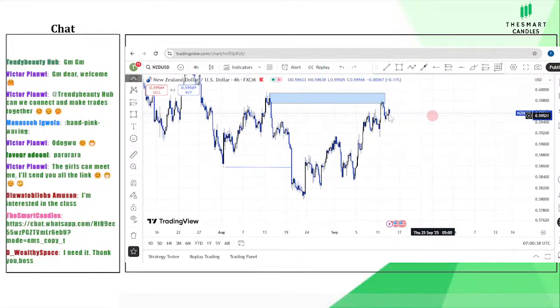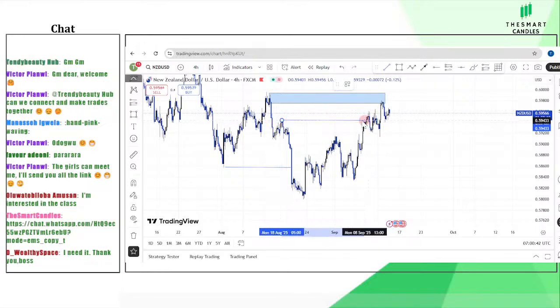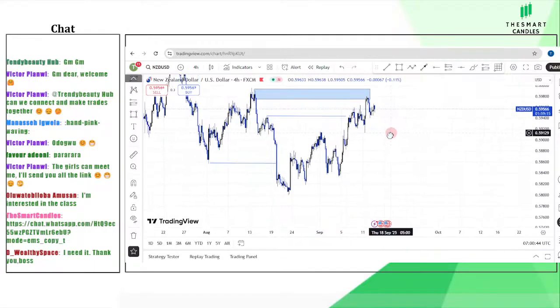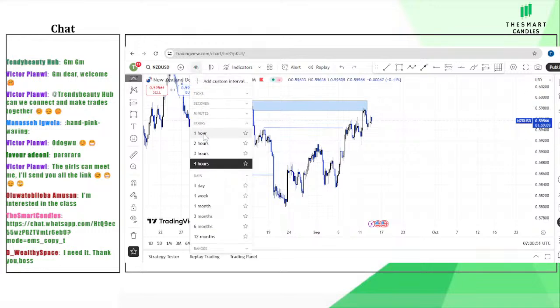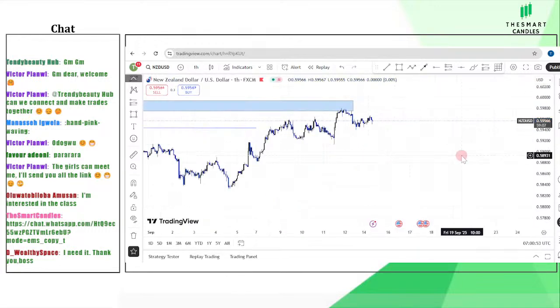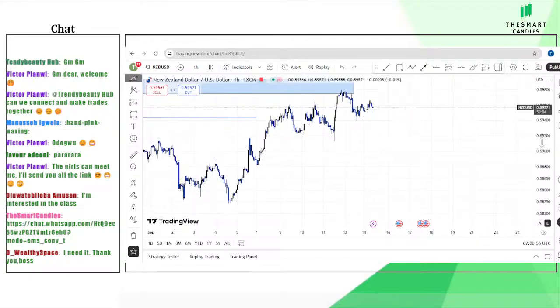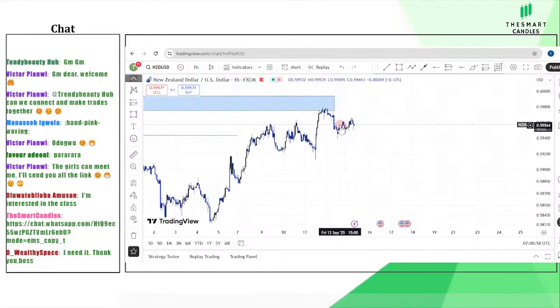Okay, so this was an inducement here. We had this level as our inducement, and what did you see? Price tapped into this zone, and what are we looking for? A sell. For those that took the sell while we were live that day, if you were able to make something, good, even though the price has not yet moved tangibly.